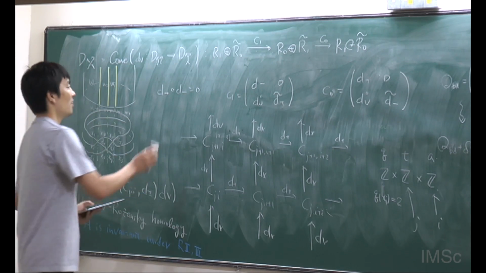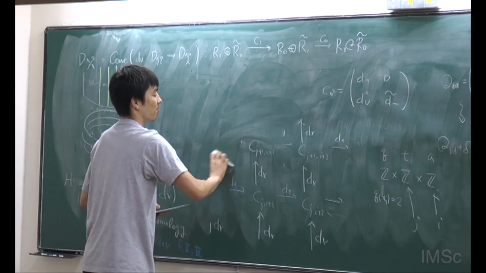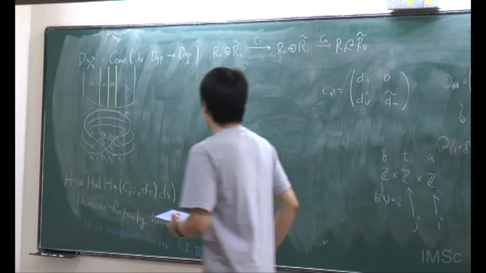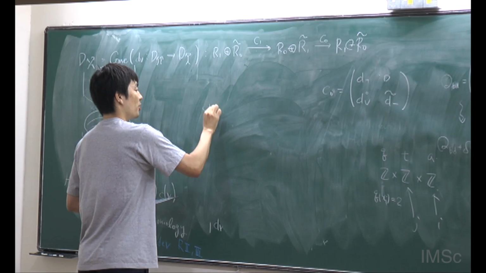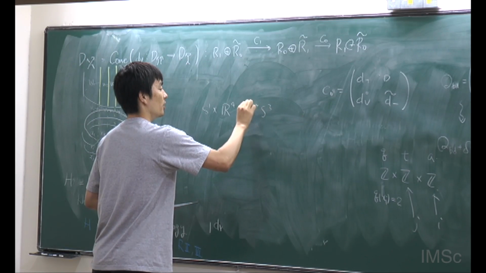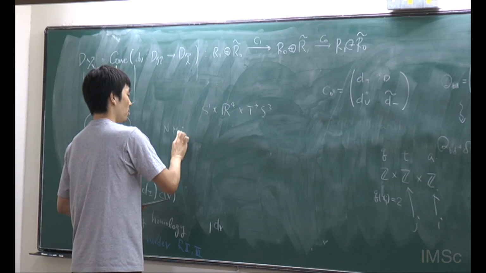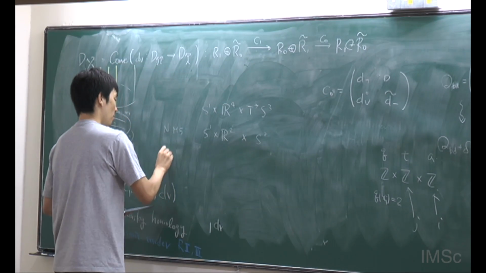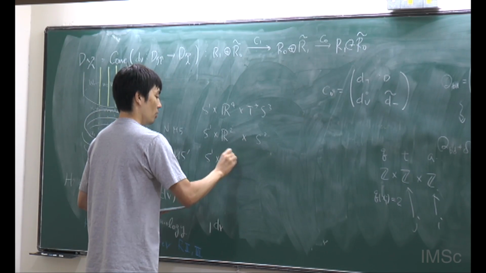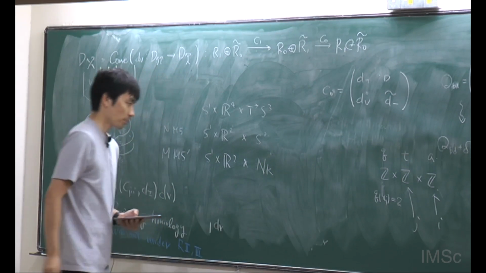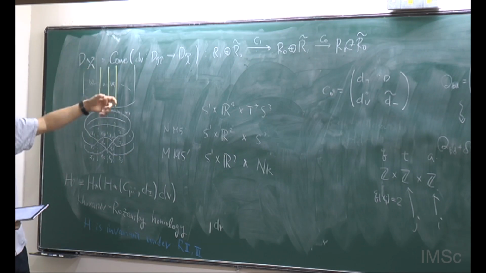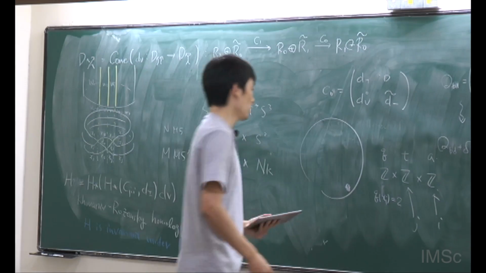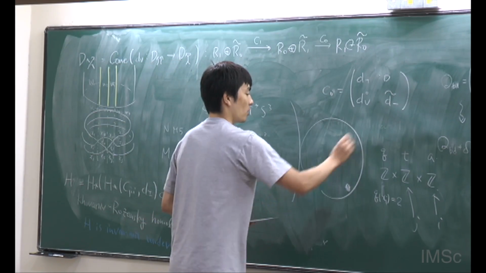But effectively, once you recall the brane configuration, S3 is the space-time, and the M5 branes wrap S1 cross R2 cross S3, and the M5' branes wrap S1 cross R2 cross the conormal bundle K. So this cylinder part is actually the cotangent bundle of S3, and then you put the knot.